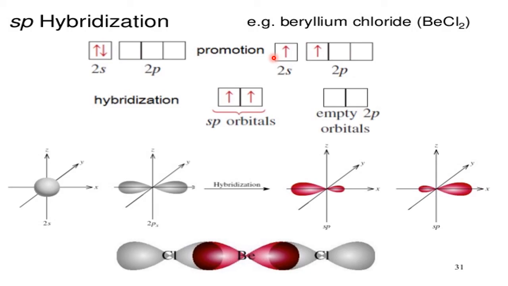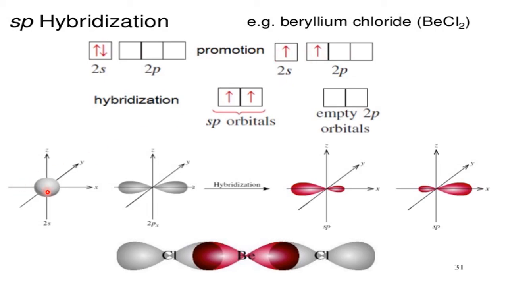I told in the previous discussion that depending upon the type of the atomic orbitals undergoing hybridization, we will name it. So now we are discussing the types of hybridization. This is an example for sp hybridization. The best example is beryllium chloride. First, beryllium has undergone hybridization.